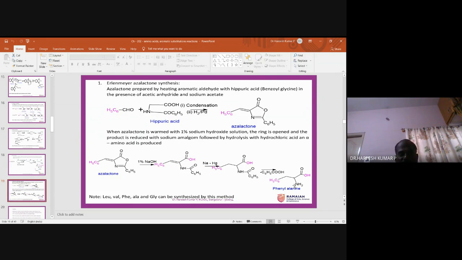So I think you know that a peptide is nothing but a union of amino acids. Suppose two amino acids are joined. An amino acid contains an amino group as well as a carboxylic acid group.